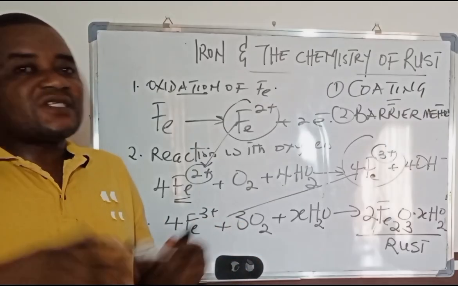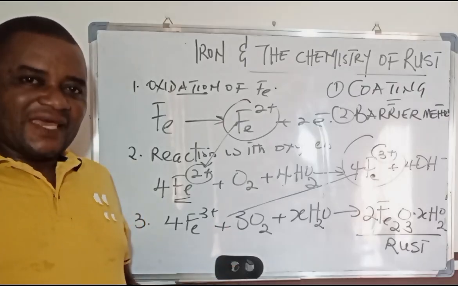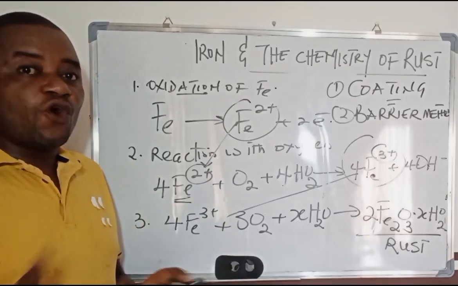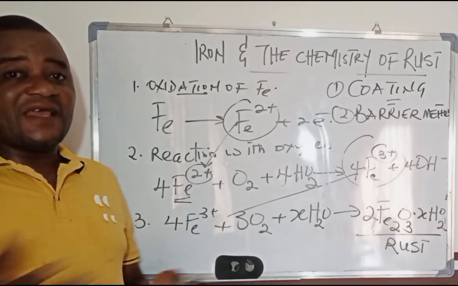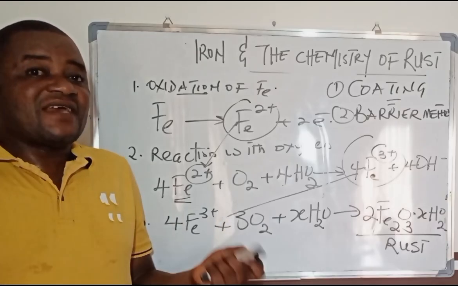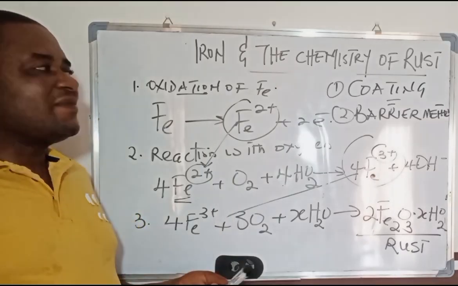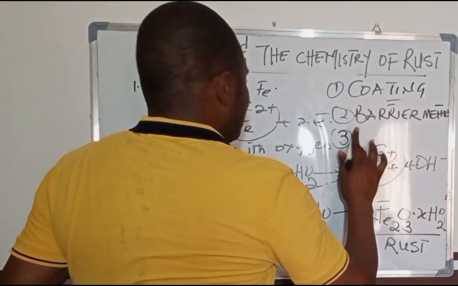You can use greasing by using grease on your metals, even your keys. You can do painting. You can probably use oil paint in painting your metals or painting your iron or whatever. You can use galvanization method. You can galvanize them. Then another method you can also use is sacrificial protection.